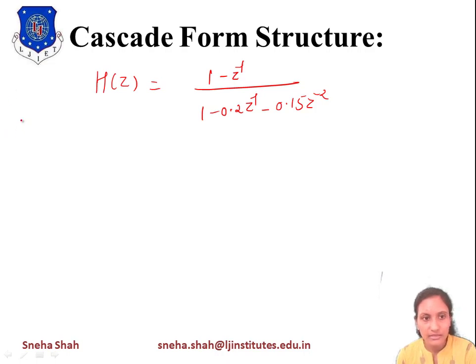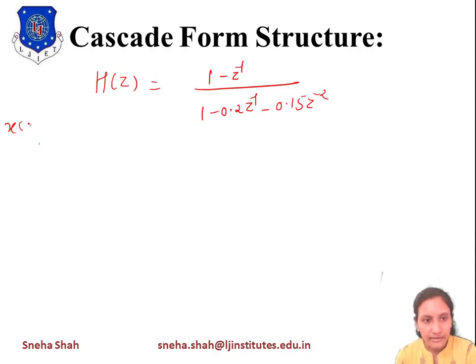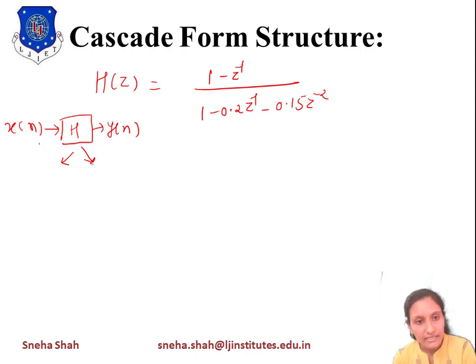The cascade form structure is represented as follows. Suppose x of n is the input, it is given to a system, and it gives the output y of n. This transfer function is represented as H of z. If we represent it in cascade form, it is divided into two or more parts, H1 of z and H2 of z.